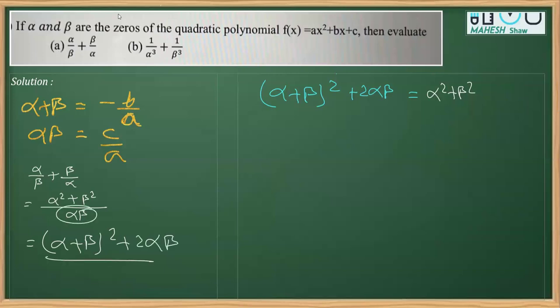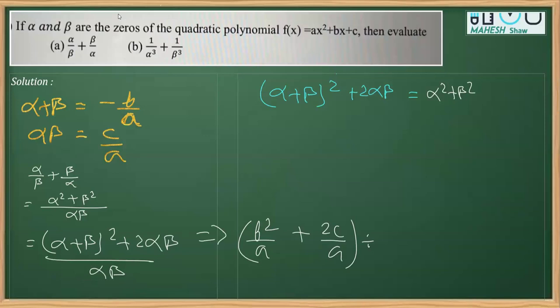Now for further simplification, I'm going to replace alpha plus beta whole square with minus b by a whole square. The square of this is positive b square by a square, minus 2 times alpha beta, that is 2 times c by a, all divided by alpha beta, which is c by a again.